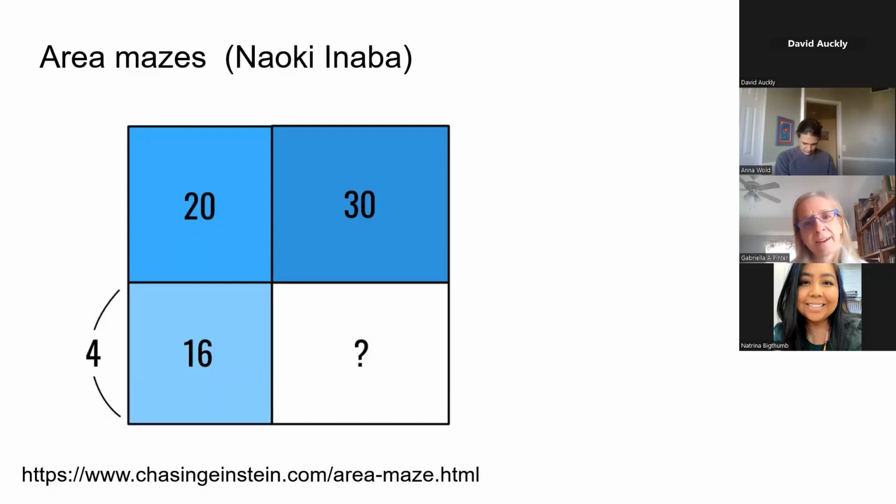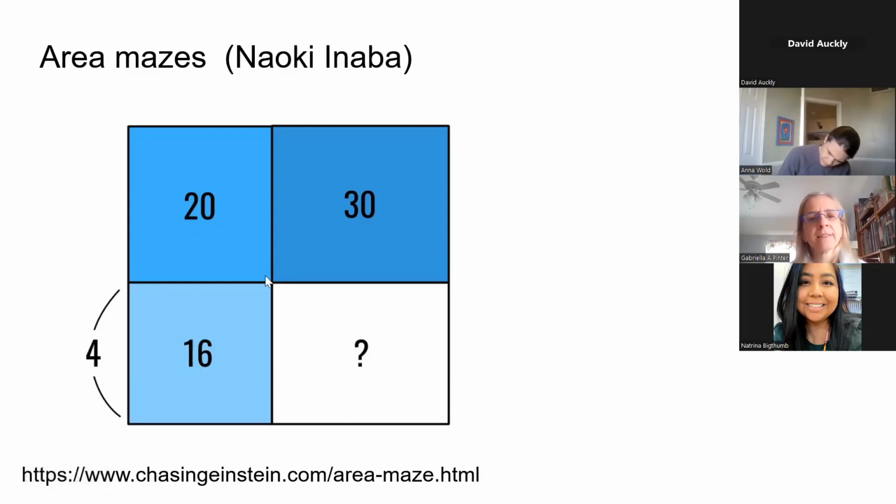Some of these are hard. Some of them are easier, right? So for example, here, the idea is that we have to find the area of the rectangle where the question mark is. What do we have to go by? Well, this 16 is the area of that rectangle, which turns out to be a square because 4 by 4 gives us 16.